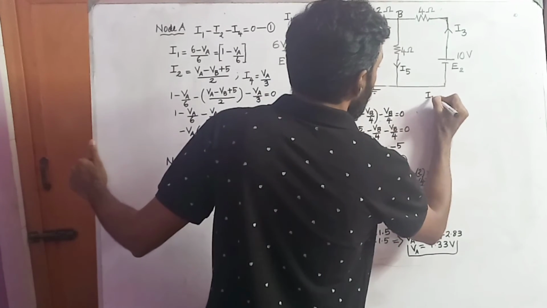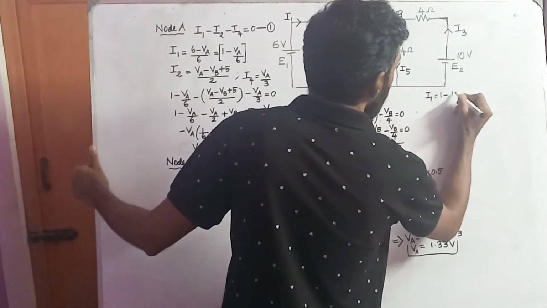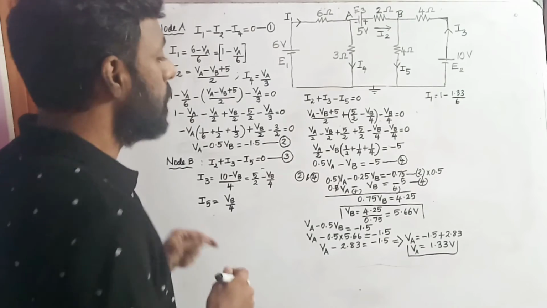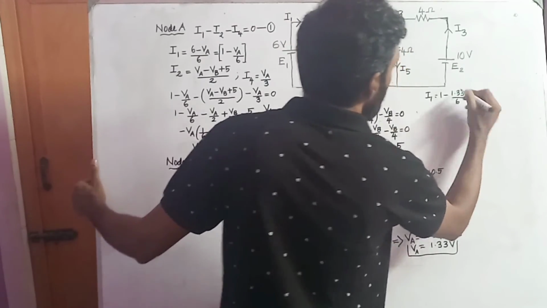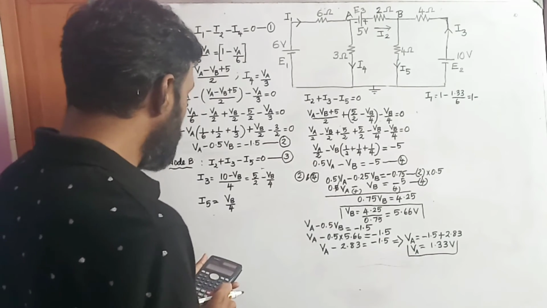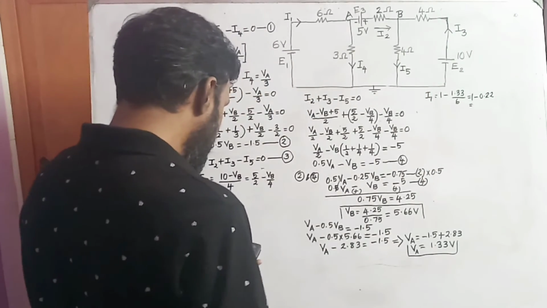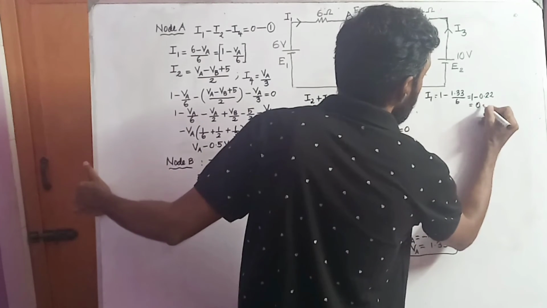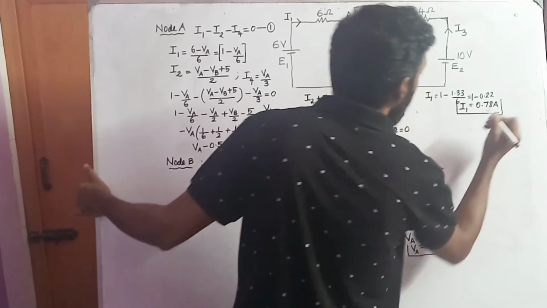VA is 1.33, so I1 equals (1 minus 1.33) divided by 6. 1.33 divided by 6 is 0.22, and 1 minus 0.22 is 0.78. So the value of I1 is 0.78 amperes.